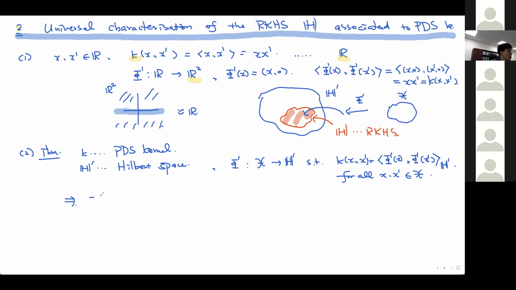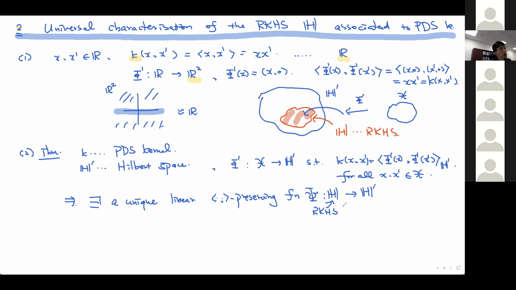This says there exists a unique linear, inner product preserving function psi from H, which is the RKHS, to H prime.